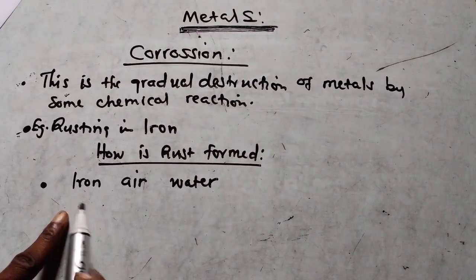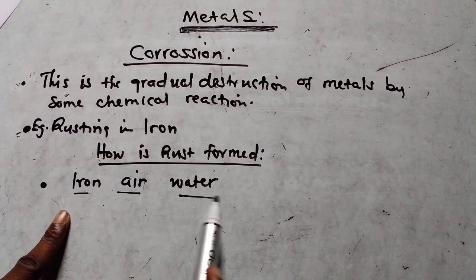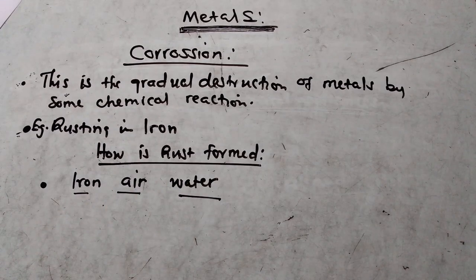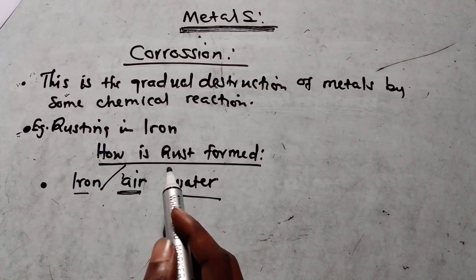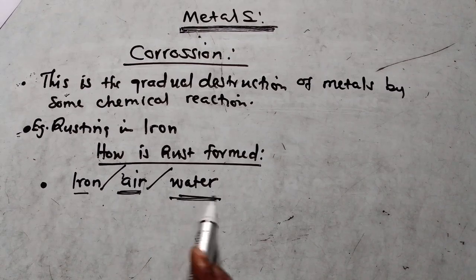So when iron reacts with air in the presence of water, then rust is formed. This is exactly what I was explaining. You leave iron, then it's exposed to air. Then once there's contact with water, rust is going to be formed.